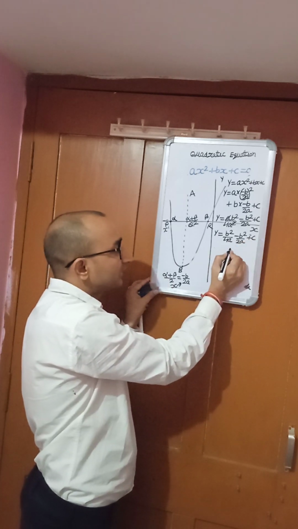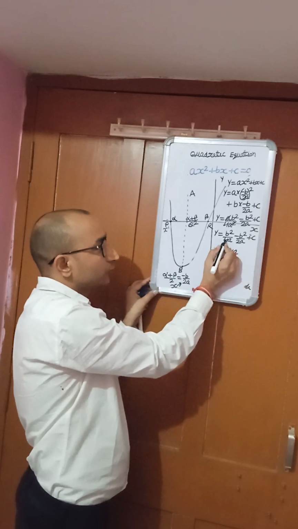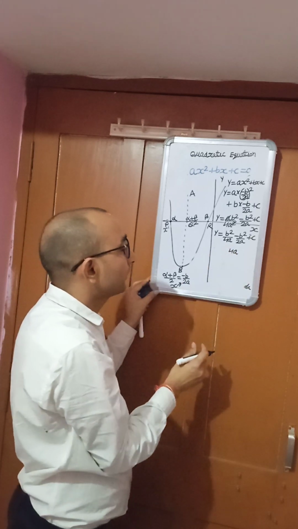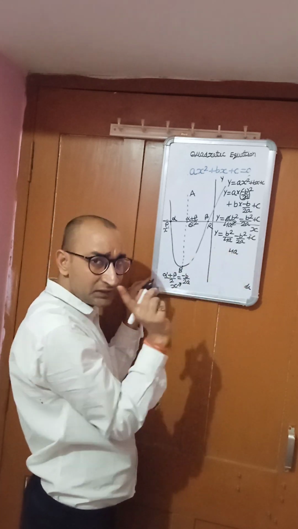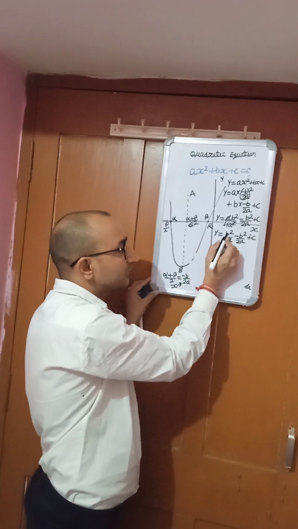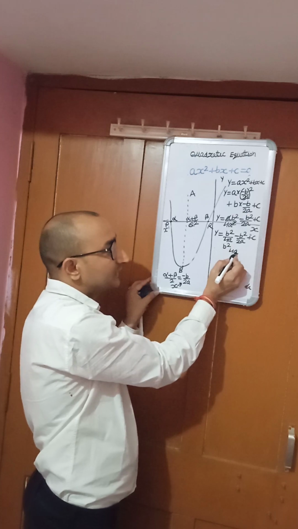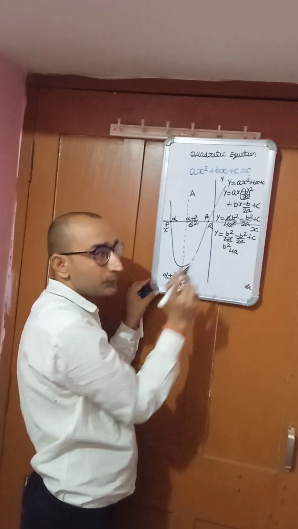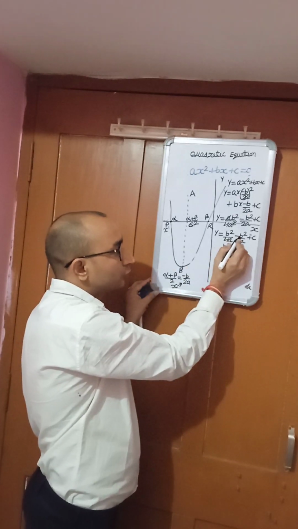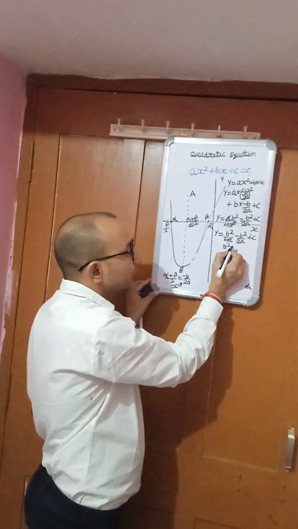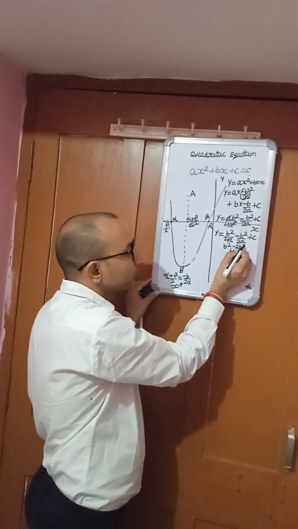Here 4a is the LCM. So 4a divided by 4a gives 1, and when we multiply with this b square, it becomes b square. 2 divided by 4 is 2, and 2 into minus b square is minus 2b square.